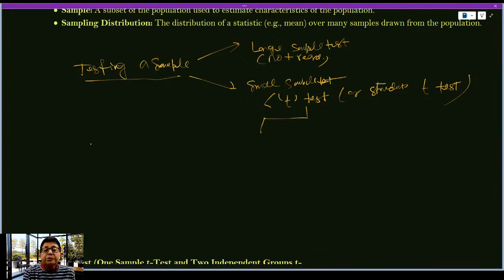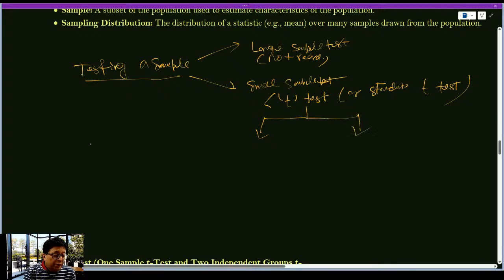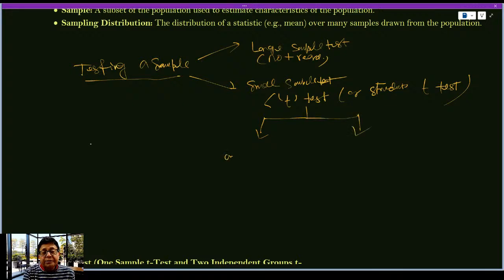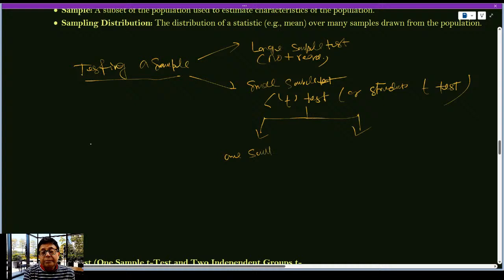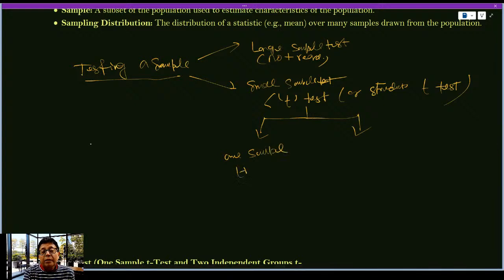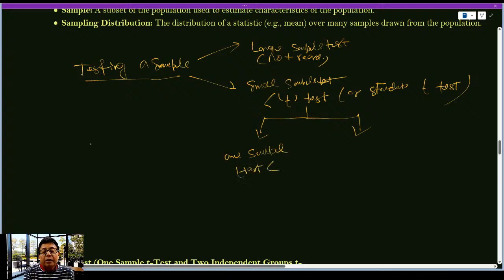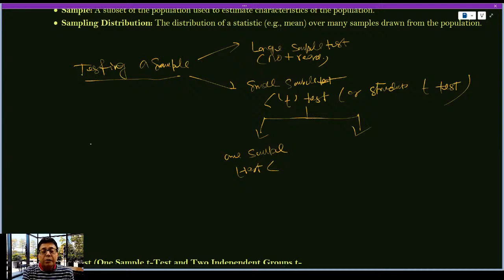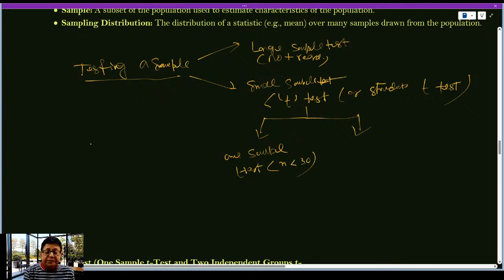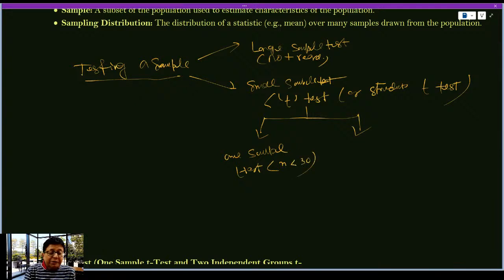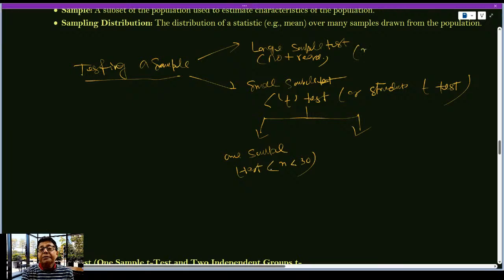The t-test is also of two types. One sample t-test, this is basically for n less than 30. Okay? The Z-test we have done is the large sample test.